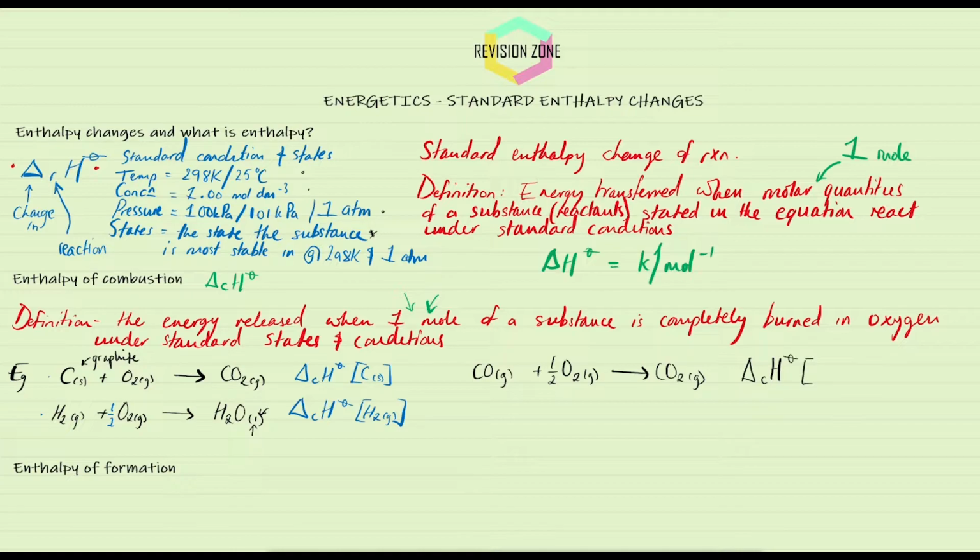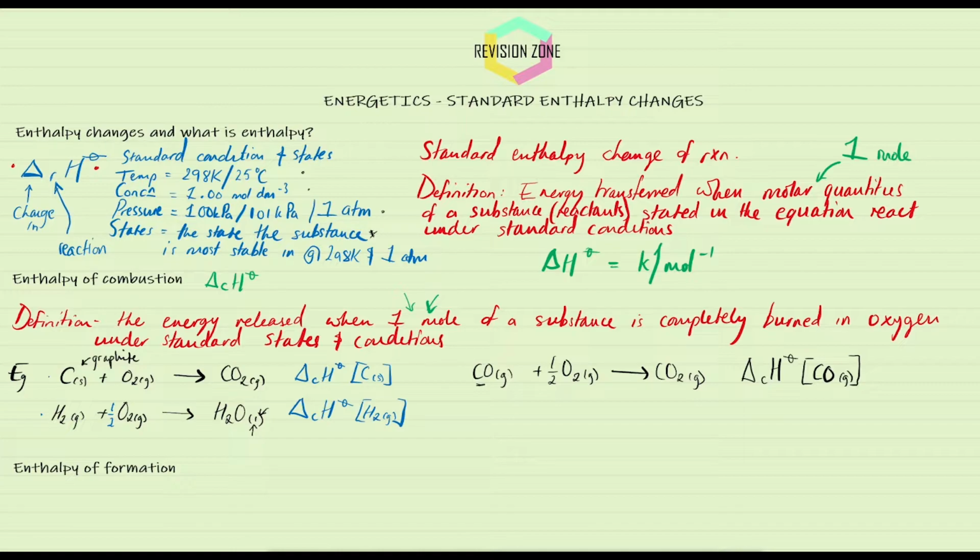I've kept this as 1 mole of carbon monoxide, so I'm going to put that in the square brackets. And again, because it's 1 mole, I'm quite happy to just write that in. We want to try and keep this as 1 wherever possible, so don't double through.